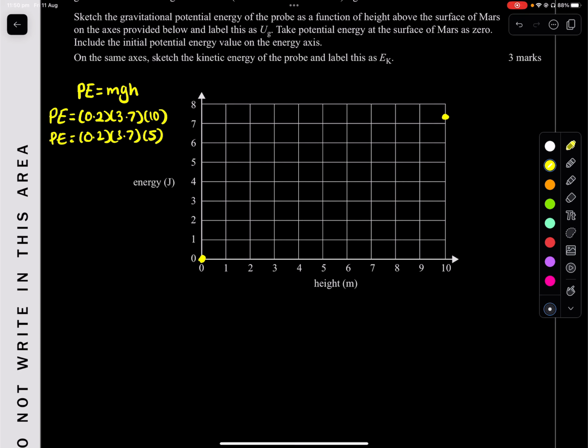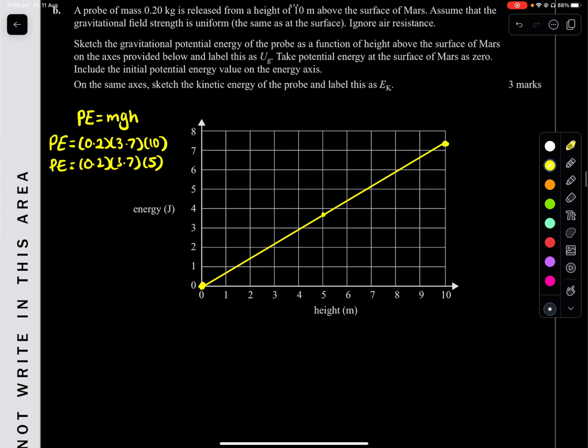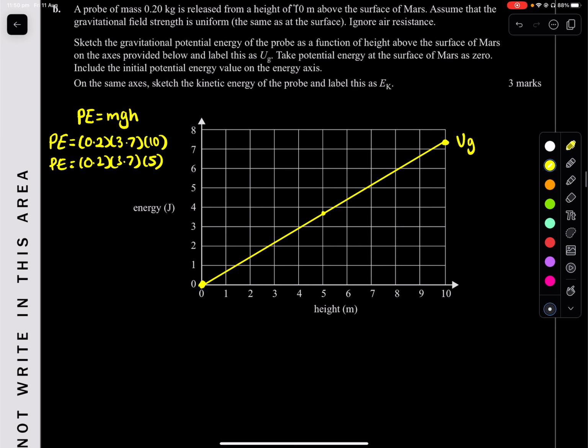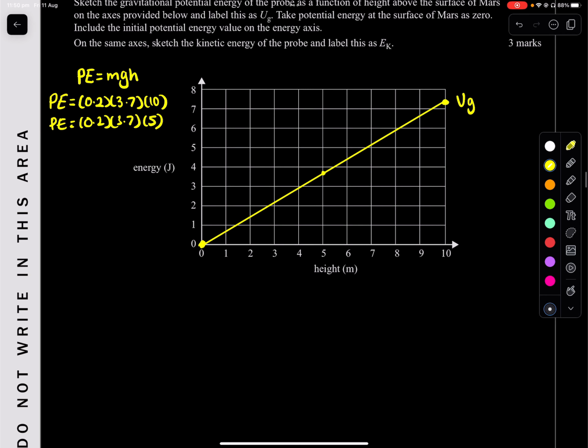That will give 3.7, which is right over here. So it's a nice linear line, somewhere like that. So perfect. And let's label that as UG. We also want to include the initial potential energy value. So this is 0, 0.